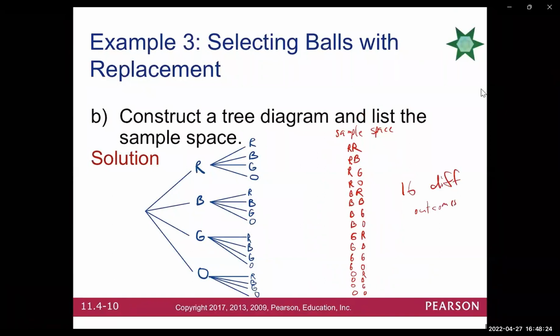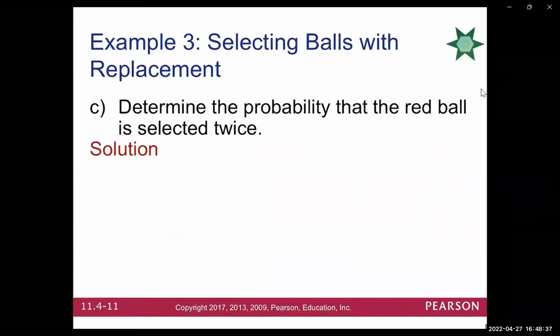And now they're going to ask you probability questions, of course. So let's look at the probability questions that follow. The first question is, determine the probability that the red ball is selected twice. So the probability that you get red and red. Anybody know what the denominator should be?